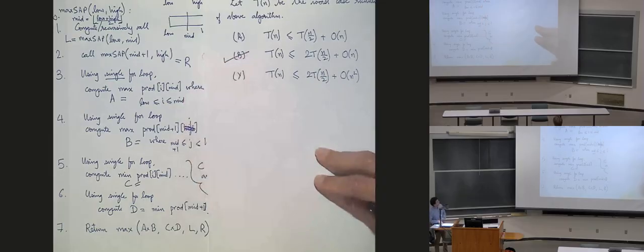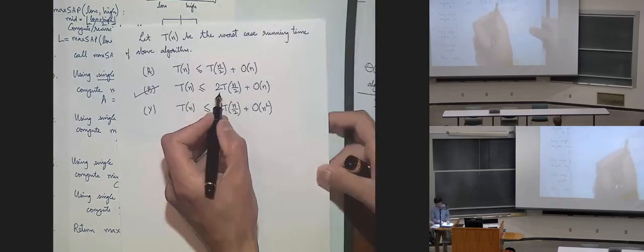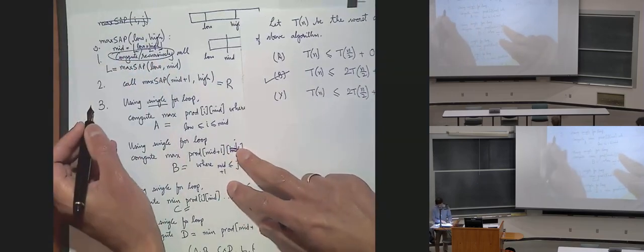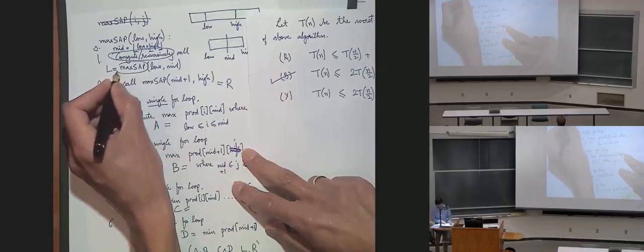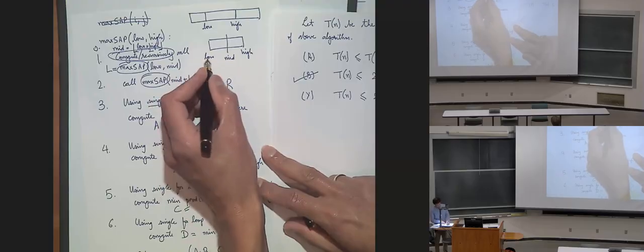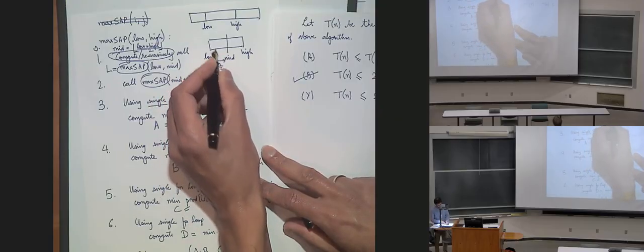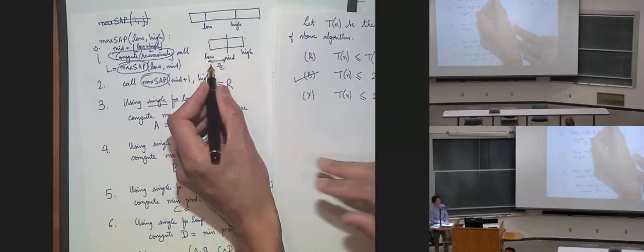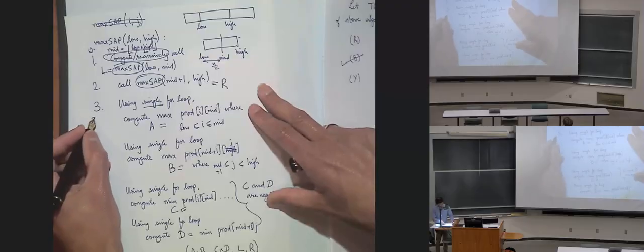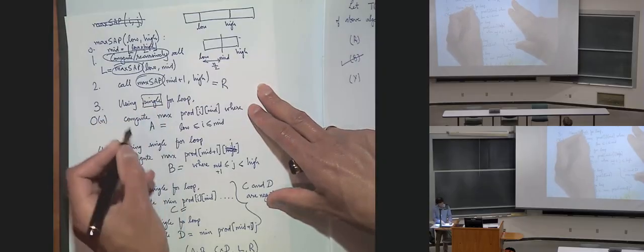It's this, and you see why, because there are two recursive calls made, and they're basically of size half, right? So if the whole thing had size n, then this had size n over 2. So two calls of size half, and then all of these are just O of n steps because they're single for loops.